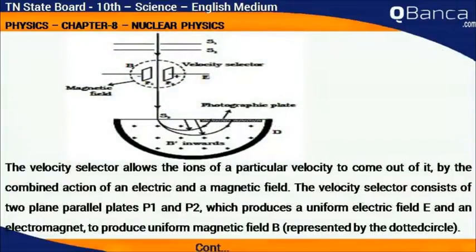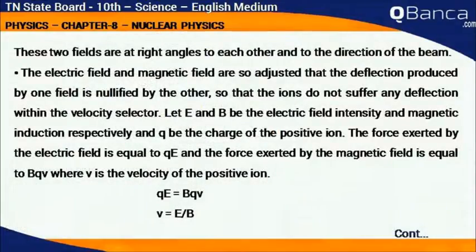The velocity selector allows the ions of a particular velocity to come out of it, by the combined action of an electric and a magnetic field. The velocity selector consists of two plane parallel plates P1 and P2, which produce a uniform electric field E, and an electromagnet to produce a uniform magnetic field B.